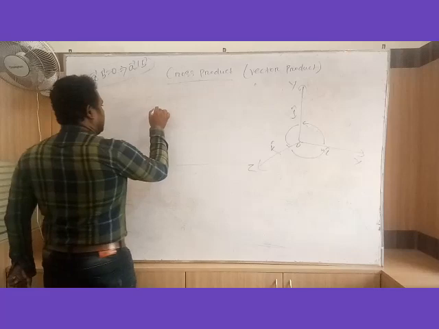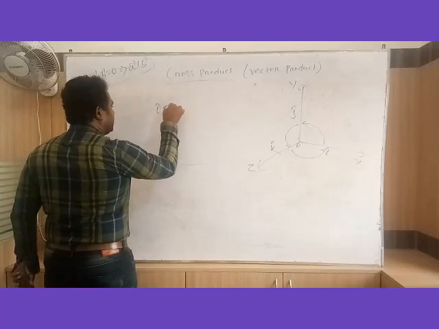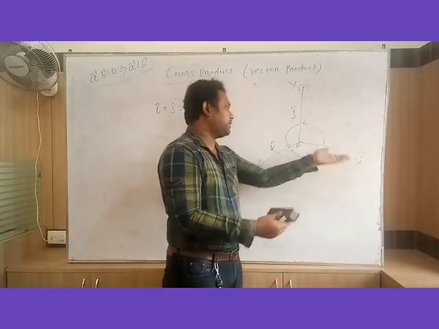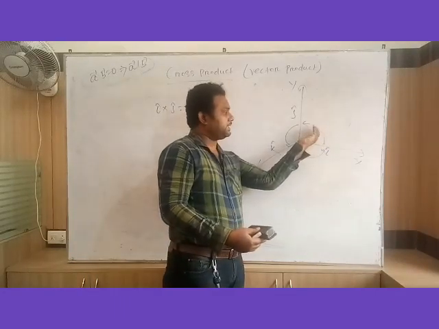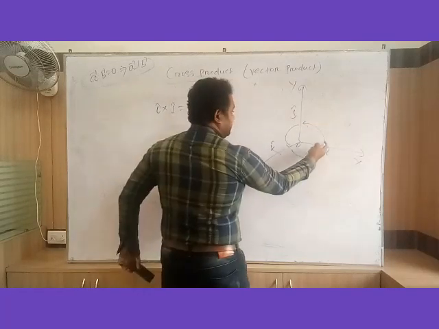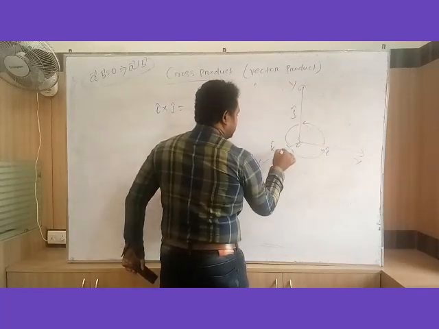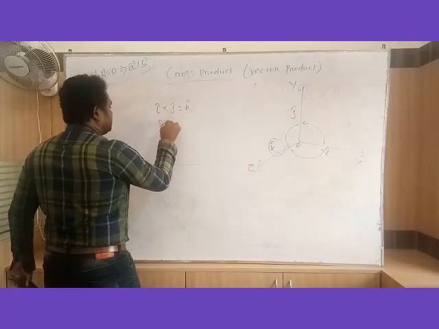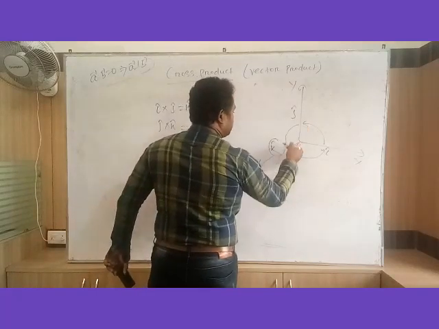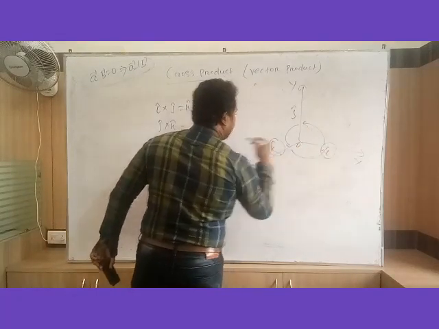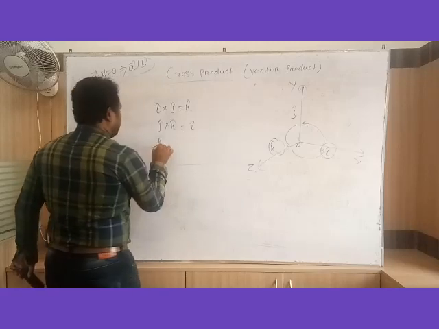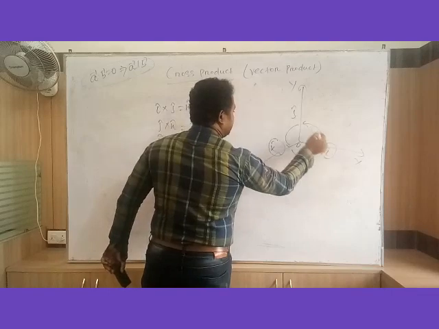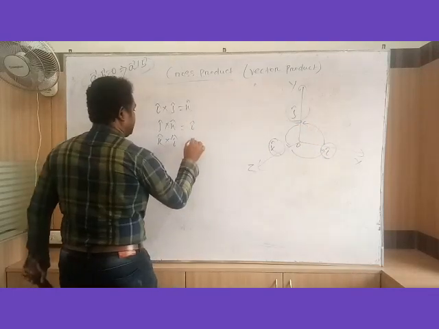That means i cross j, the value becomes k. j cross k, the value becomes i. k cross i, the value becomes j.